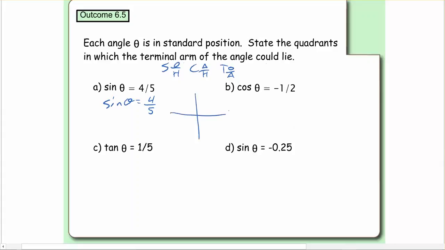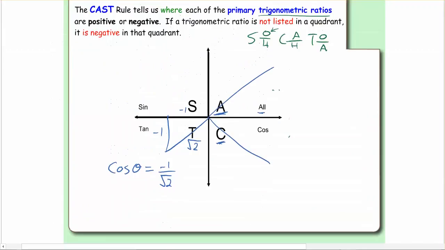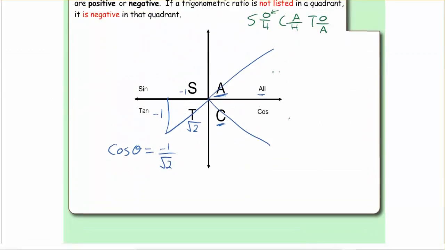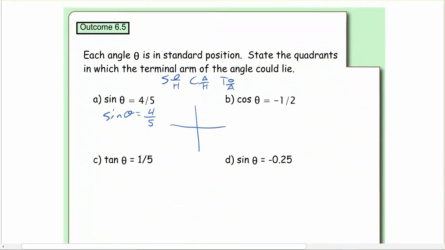So 4 is my opposite, 5 is my hypotenuse, and it's positive, right? The thing I'm looking for here is that there's no negative sign in front of it. So a couple ways you could think about this. First off, I can say, well, sine's positive, so it must be in either quadrant 2 or quadrant 1, because that's what my little CAST rule says. So it's going to be 2 and 1.